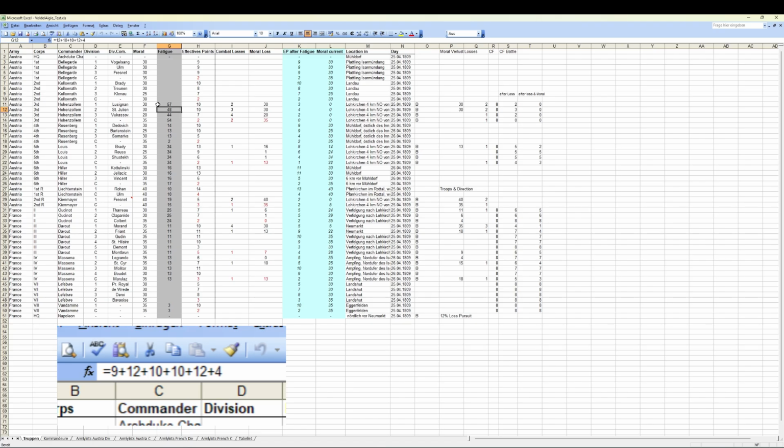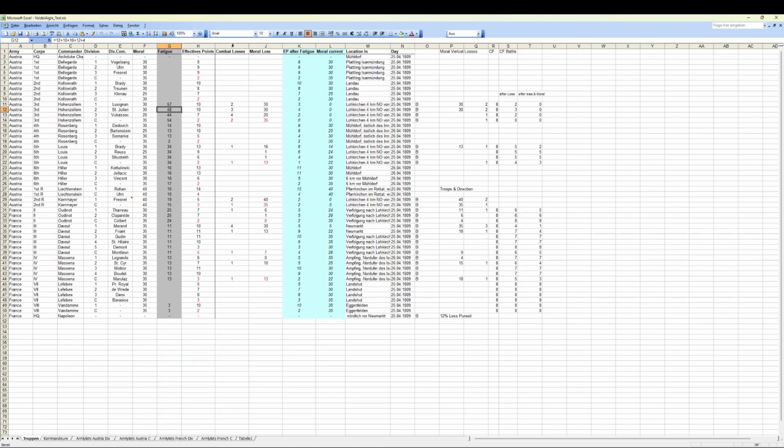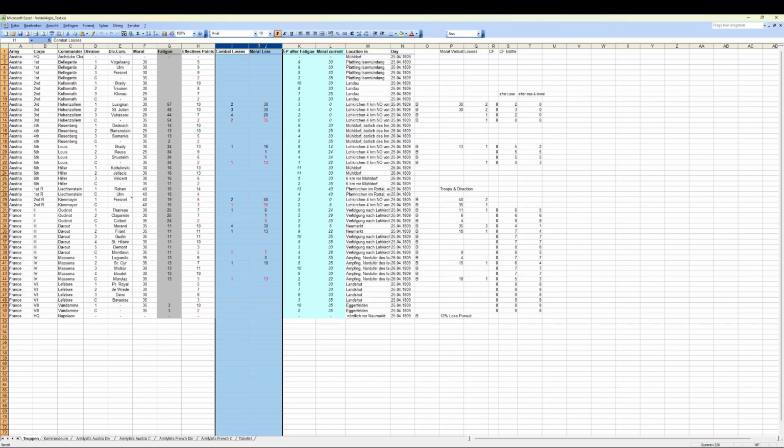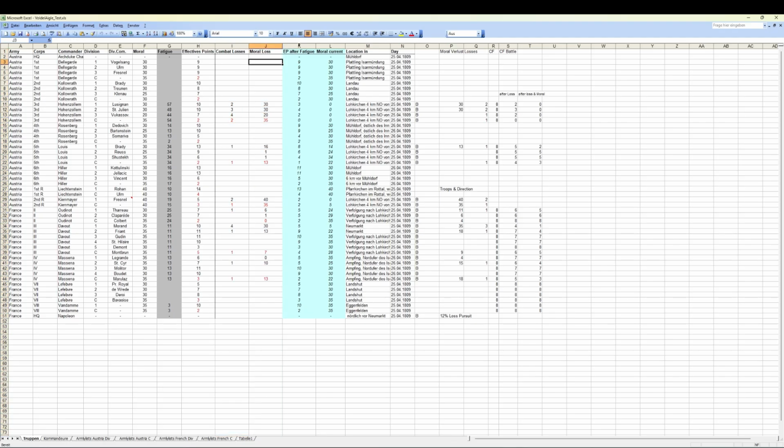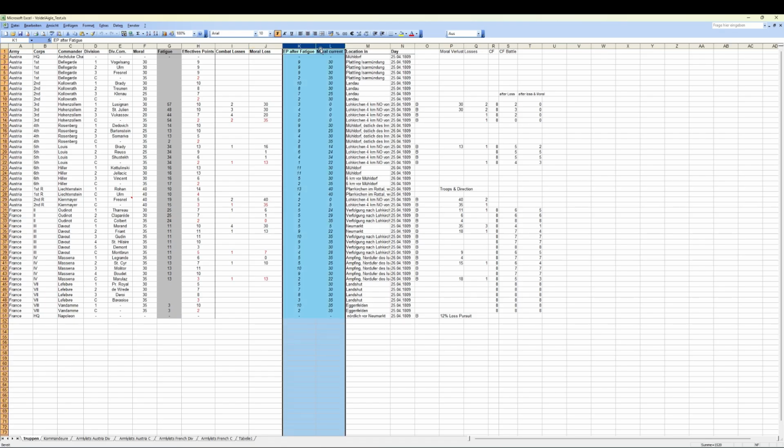This is followed by columns for combat loss and morale loss of the units. These usually only occur after a battle and are therefore adjusted less frequently. The light blue columns are formula fields.